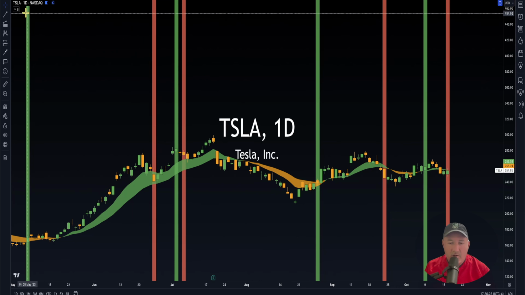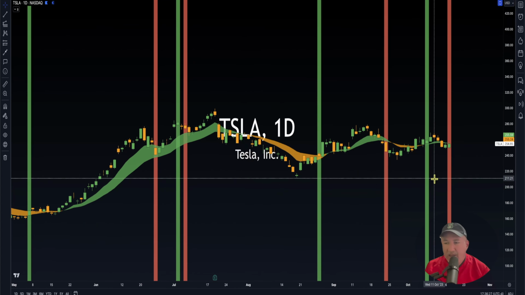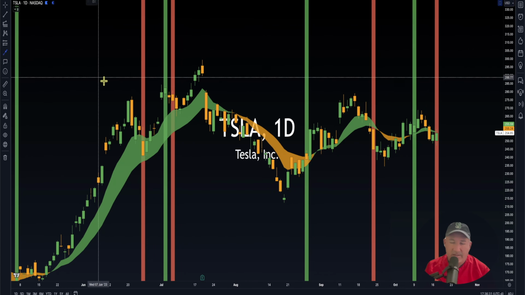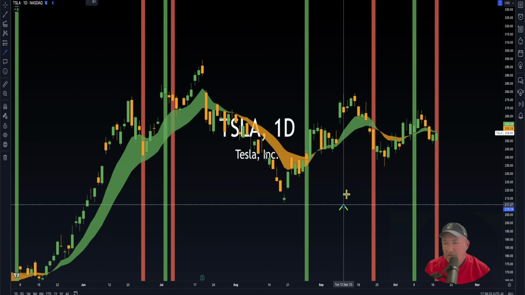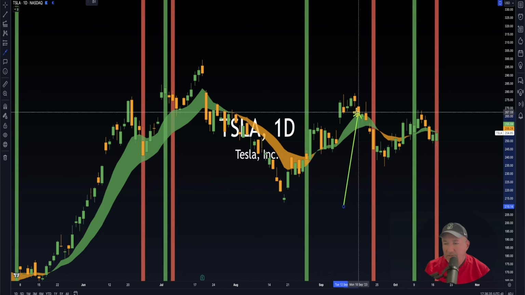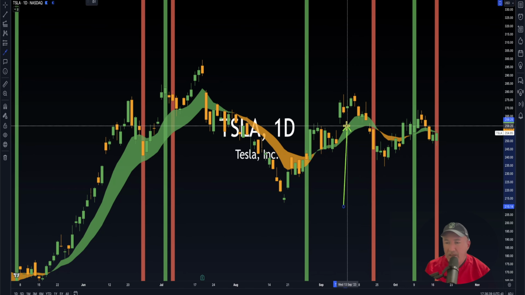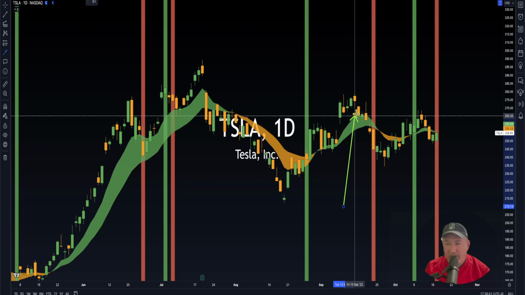Because you want to know if not only the cloud is curling, is the MACD flipping? Check this out. When the cloud flips, curls, it's a good time for you to exit the trade.